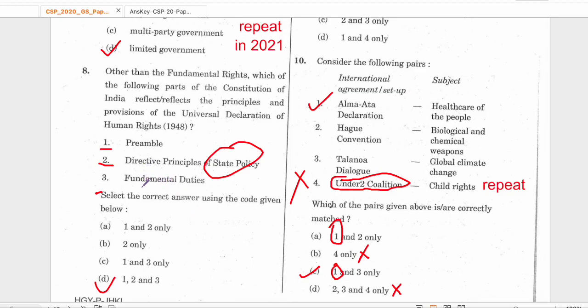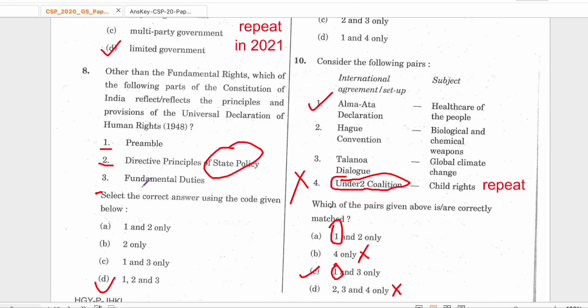And then fundamental duties. In that also there is talk about women, the prejudices against women, scientific temper, safeguarding the environment, respecting heritage, and there are so many things there. So in that also there is something which has a human angle.